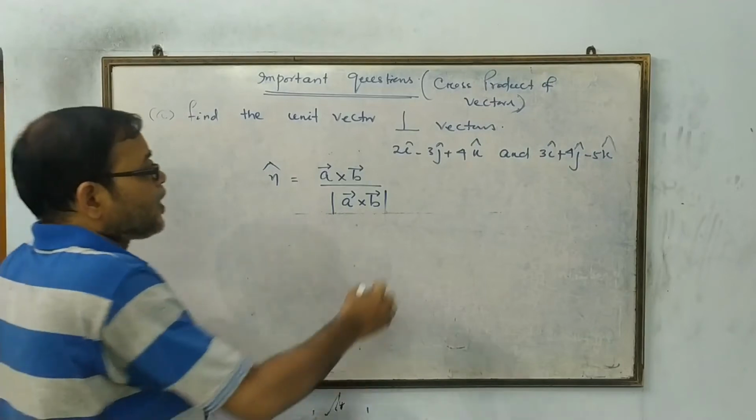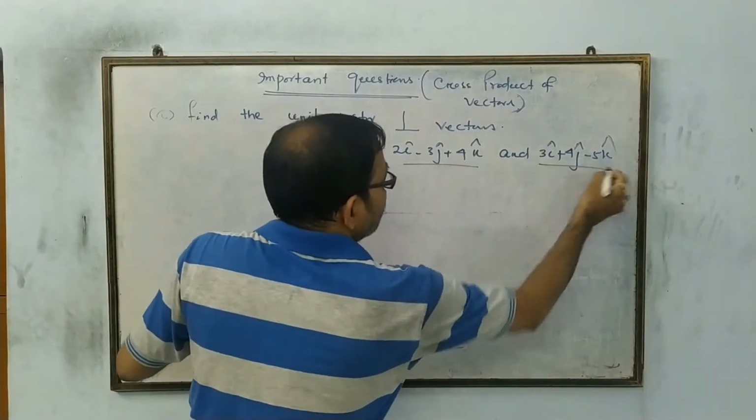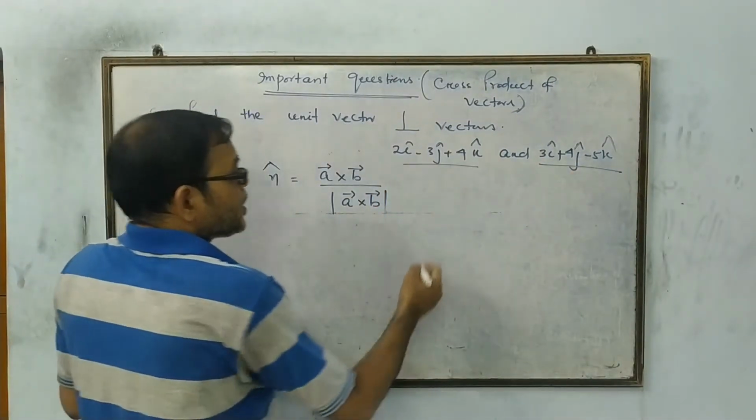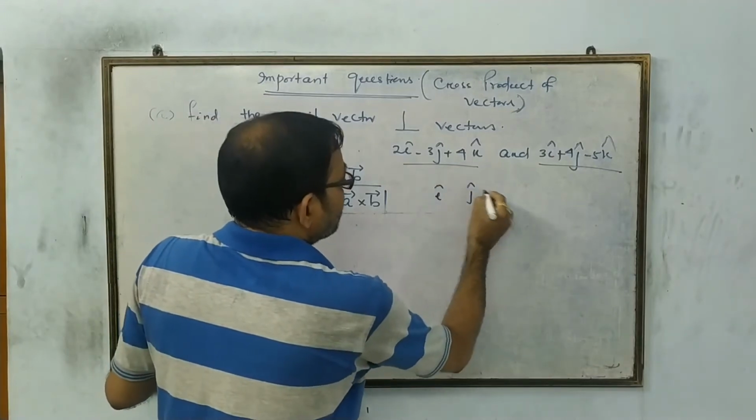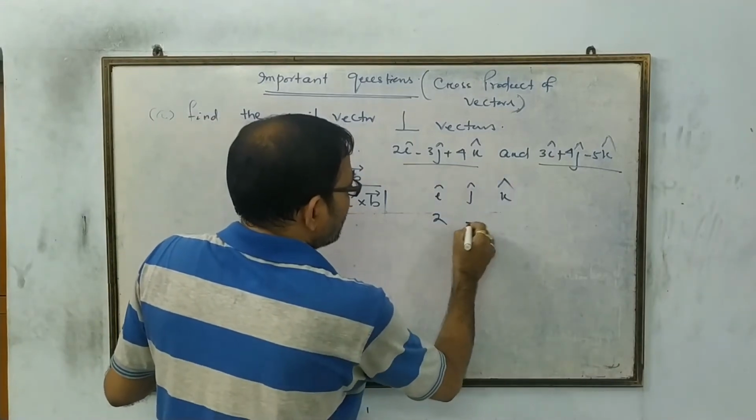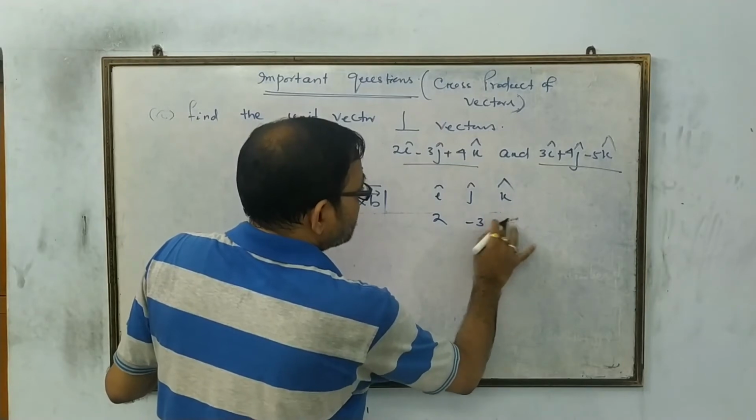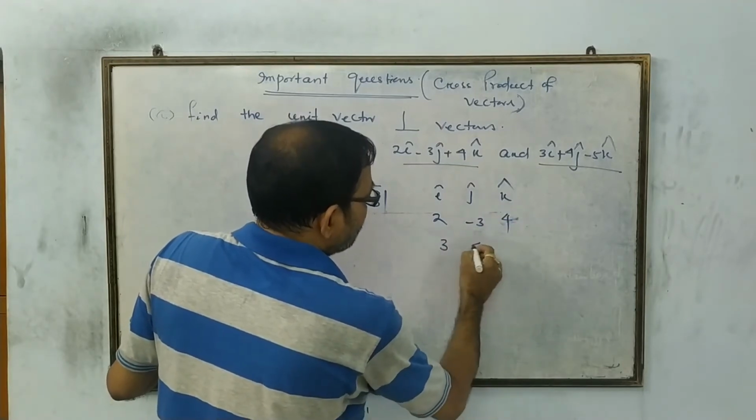At first you find A cross B, this is A and this is B. So A cross B is I, J, K, 2 minus 3, 4 and 3, 4 minus 5.